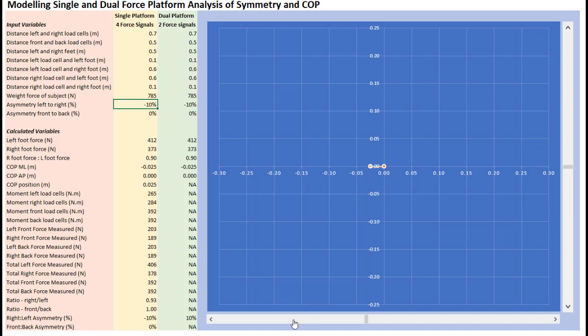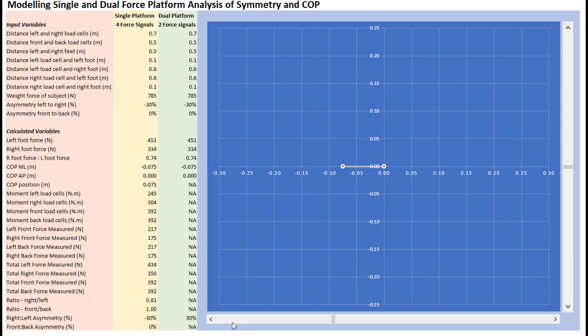We'll increase the asymmetry to 20% or even 30%. And we see that whether you're using a dual force plate system or a single platform, we get the same measurement in terms of the calculated left and right foot force. And of course the ratio between the left and right feet. We also get the same displacement of the center of pressure here of 7.5 centimeters.